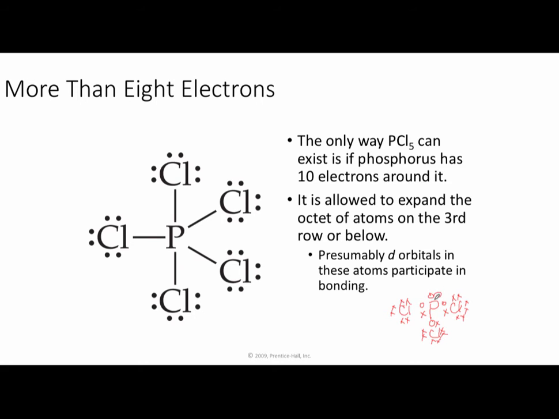You can envision this expanding of the octet as taking this pair and splitting it between the 2 remaining chlorine atoms. It gets a little hectic to draw them, but this is really how you would draw it. This molecule now has 1, 2, 3, 4, 5 electron domains.